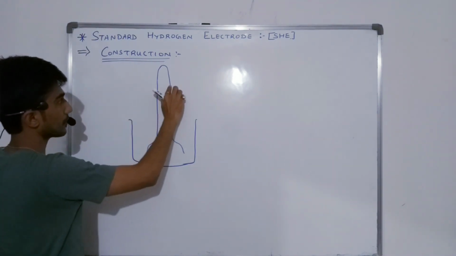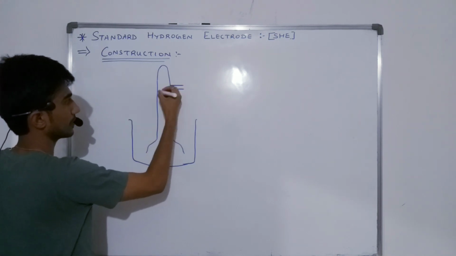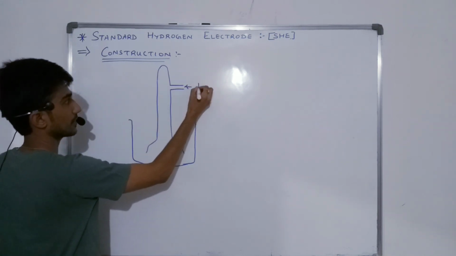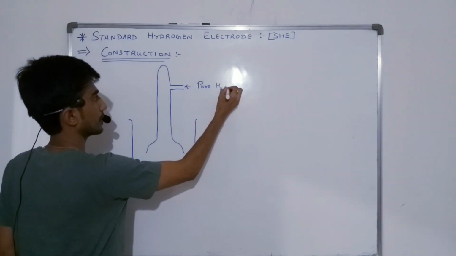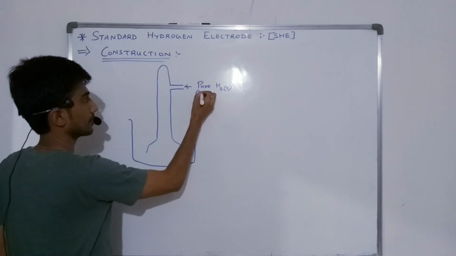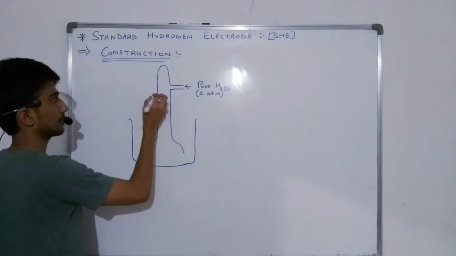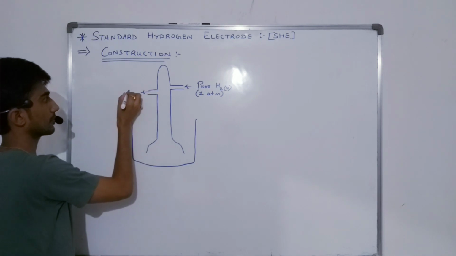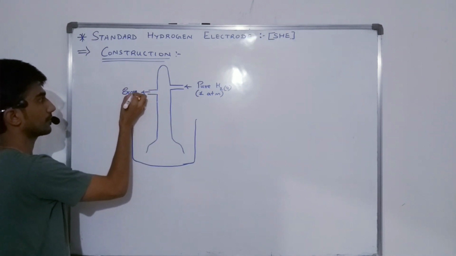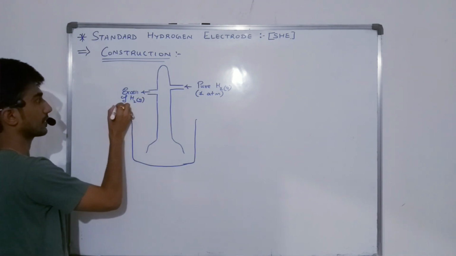Here there are two outlets. One outlet is an opening space, from here pure hydrogen gas at 1 atmosphere is being inserted. From here, excess H2 gas comes out.